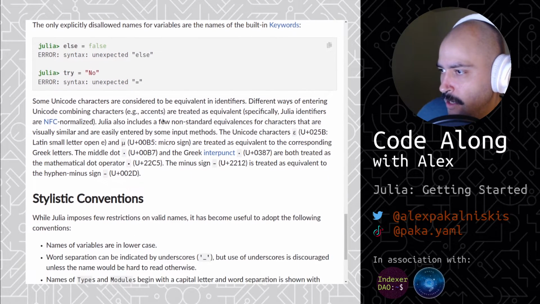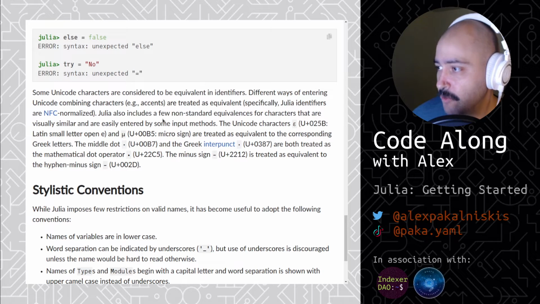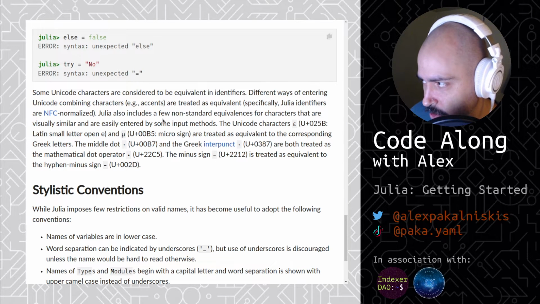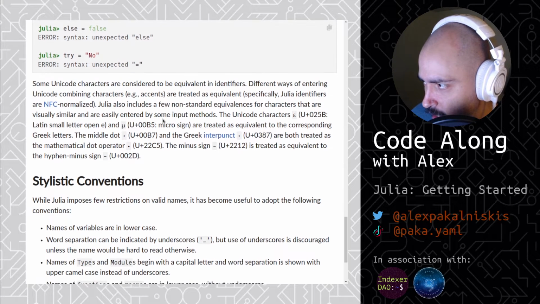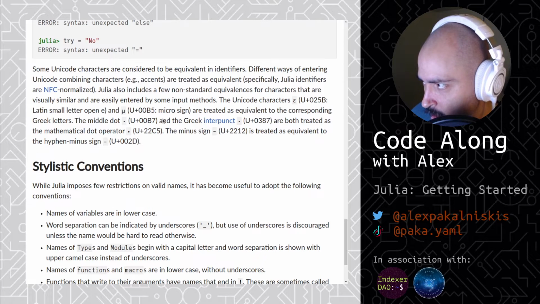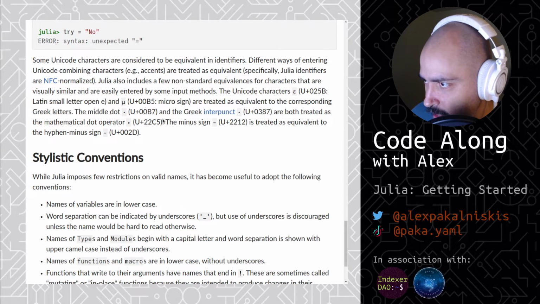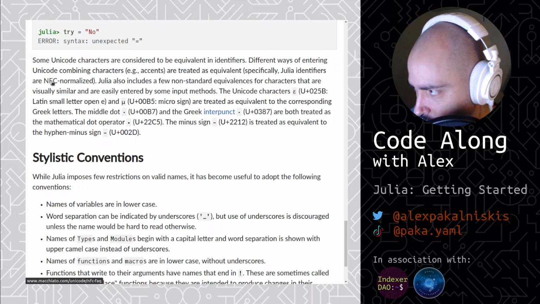Some Unicode characters are considered to be equivalent in identifiers, so this can be tricky. Julia handles this, I guess, using NFC normalization. If you're curious about that, dive into it. I'm not that curious, so I'm not going to.